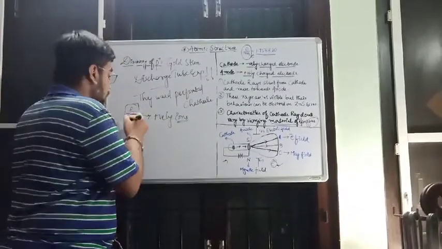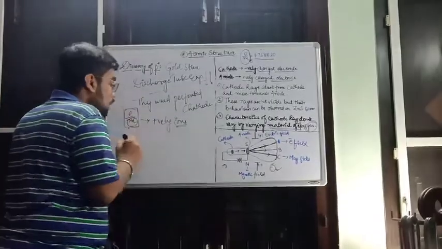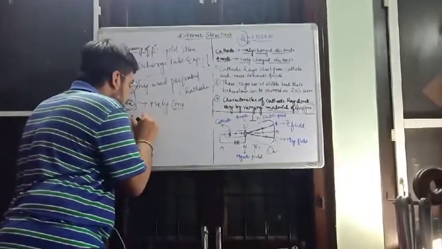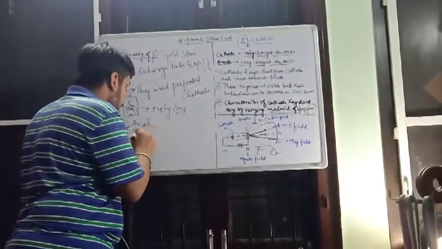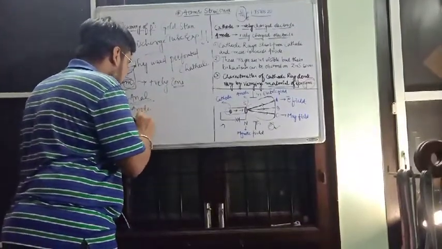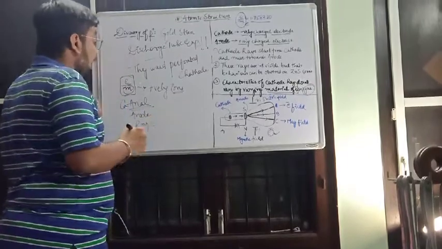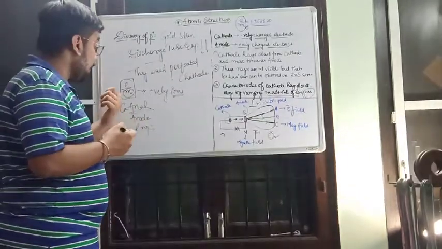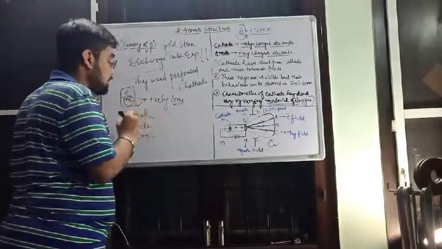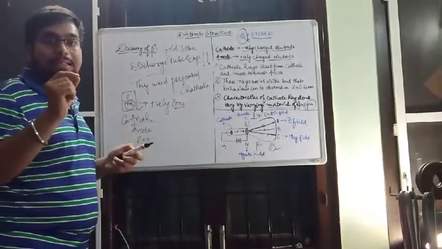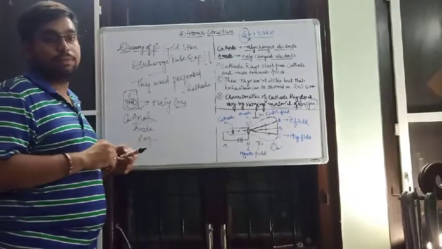That is the reason why canal rays or anode rays or protons have different characteristics when the gas is changed in the container.